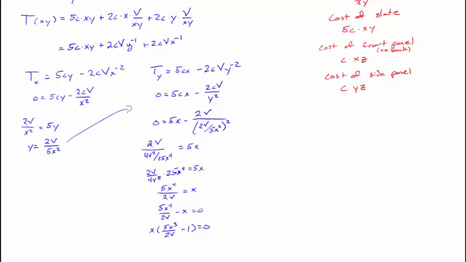So excluding the x is 0 solution, we get 5x cubed equals 2v by adding the 1, then multiplying 2v. So x equals the cube root of 2v over 5. And then I'm going to plug that back in for my y.